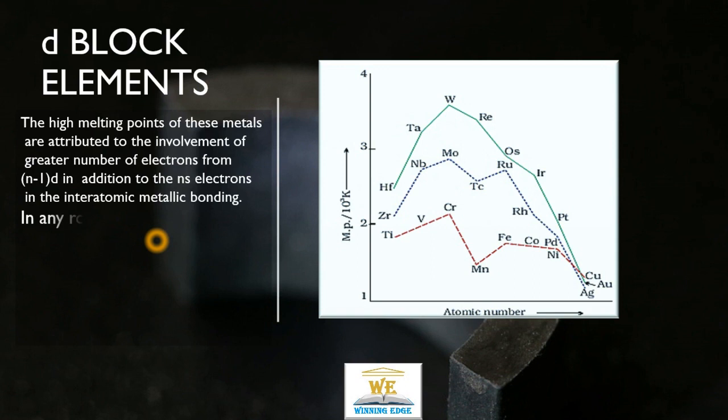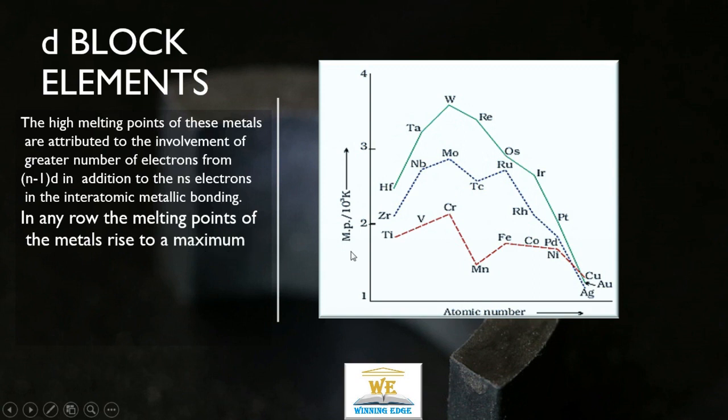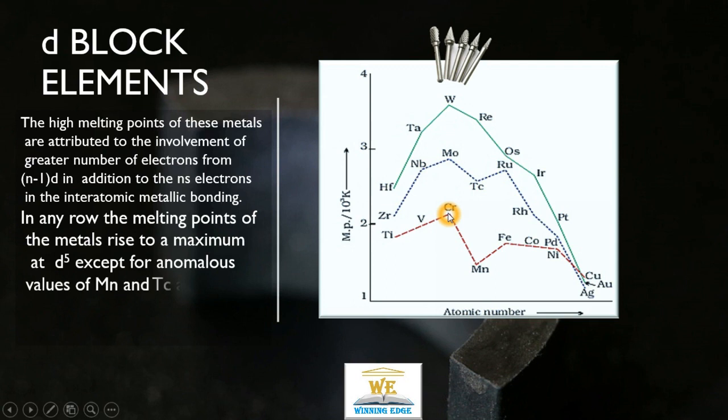Now, in each series, we see the melting points of these metals rise to a maximum, like in chromium here, at d5, when we have half-filled or unpaired electrons. That's true for chromium, molybdenum, tungsten without exception.